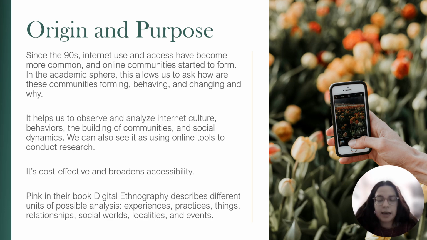And this is, we could look at the experiences that happen in the digital spheres, the practices, the things that are mentioned or done, the relationships that are formed, the social communities and worlds that exist, the localities, the places where this happens or the places that are mentioned or recalled, and the events that are organized or planned.